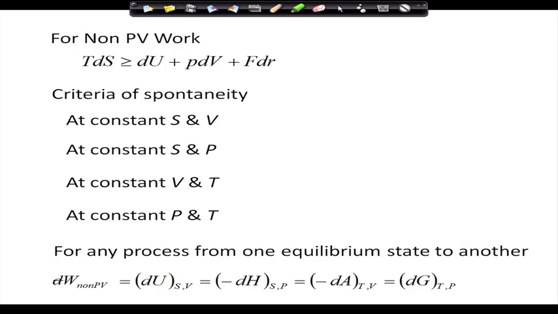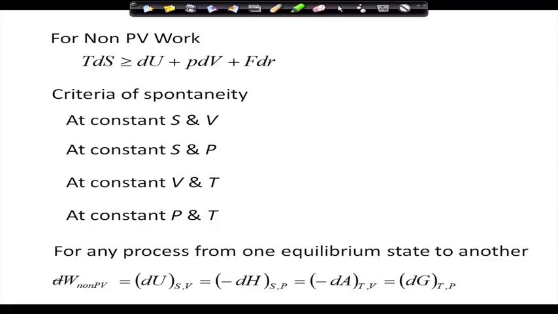Well, as I have already mentioned, we have just considered a closed system with just PV type of work. This I have been repeatedly mentioning. What happens if there is some amount of non-PV work also performed by this particular system, any closed system?